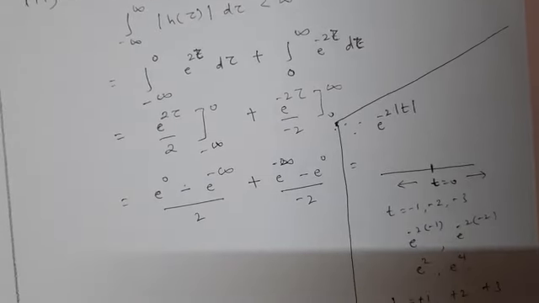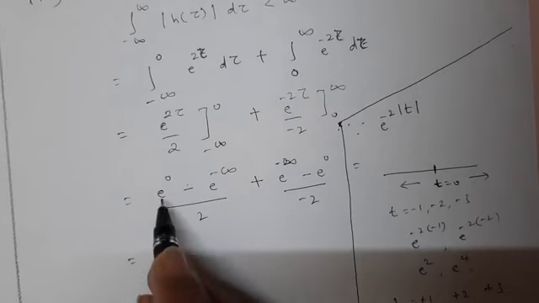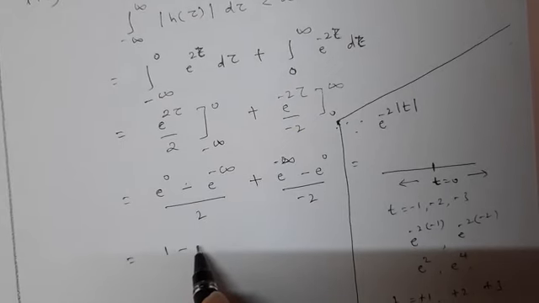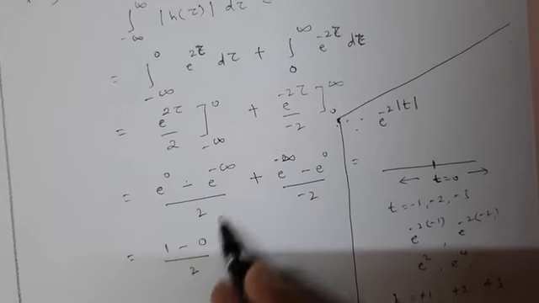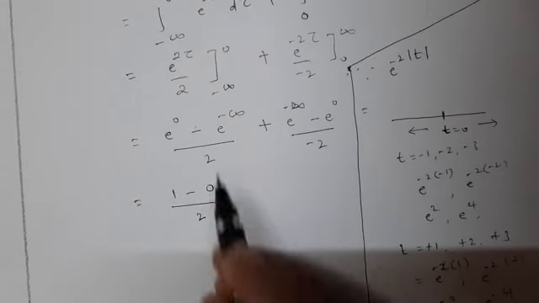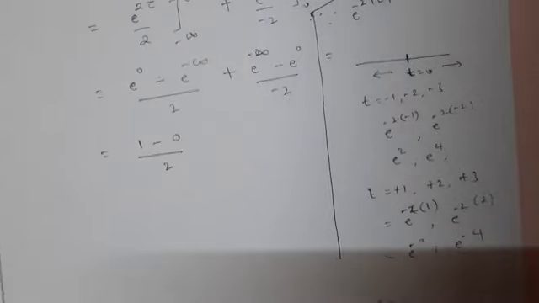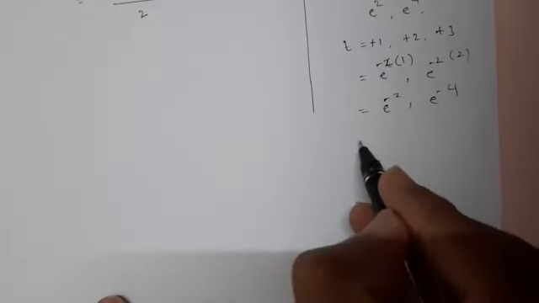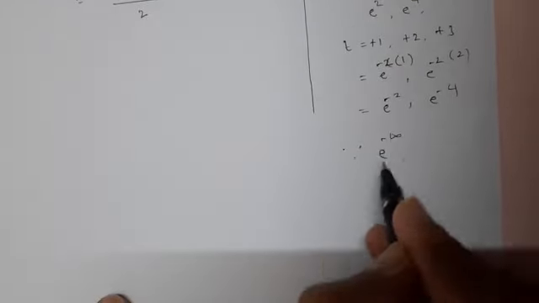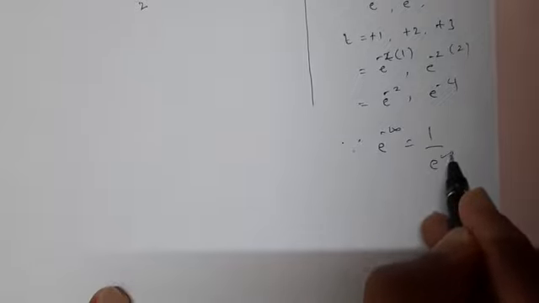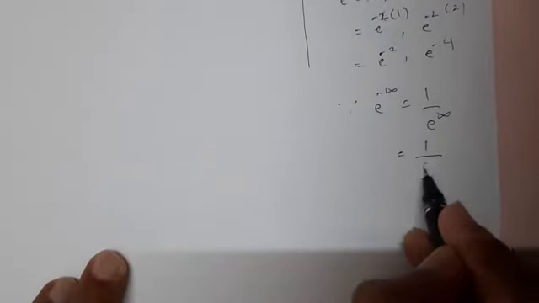So now e to the power 0 is 1, e to the power minus infinity is 0, by 2. e to the power plus infinity is infinity, but e to the power minus infinity, if you want, is 1 divided by e to the power infinity, which is 1 divided by infinity, and 1 by infinity is 0.